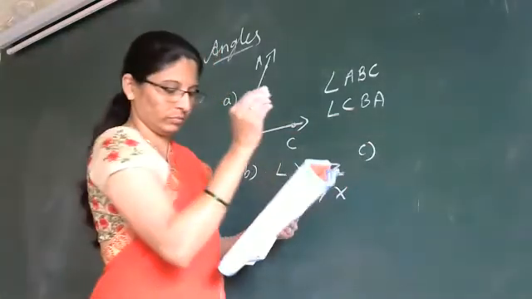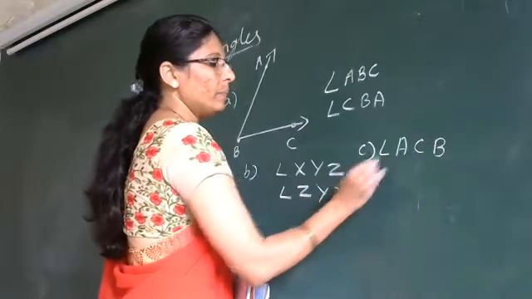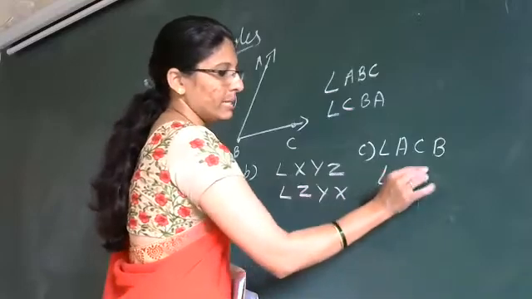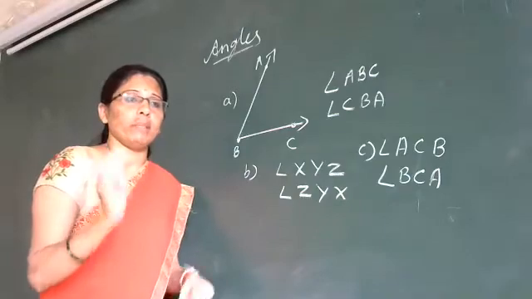C1. ACB and angle BCA. Always the vertex you have to keep in middle. That you have to remember.